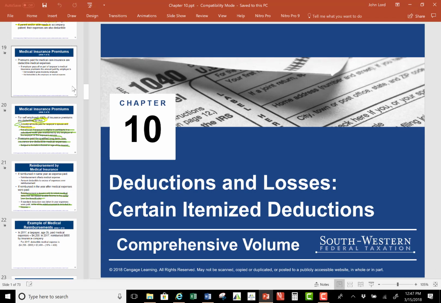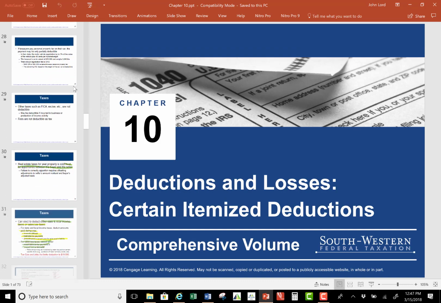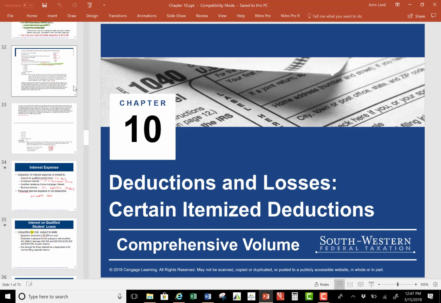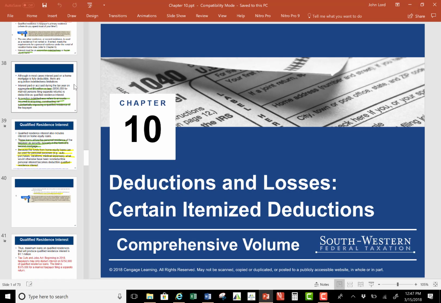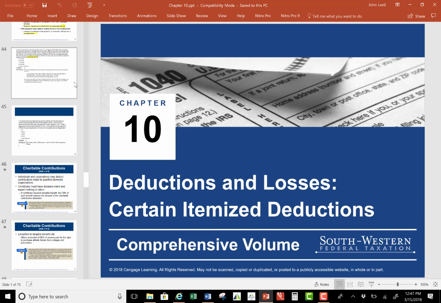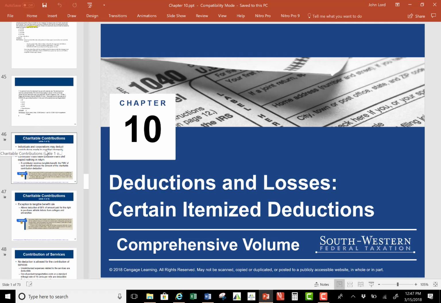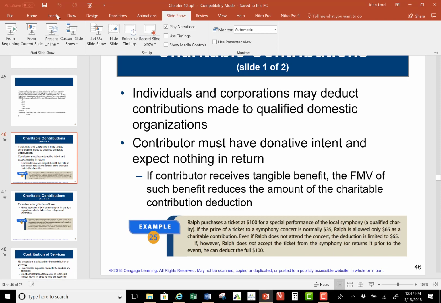Charitable contribution is kind of an interesting area in that it looks like it's really complex with a lot of different categories for what you can deduct, what you can't, limitations on what you can deduct and what you can't. But it's one of those things that after you stare at it a couple times, it's not that difficult to get that into your head a little bit.